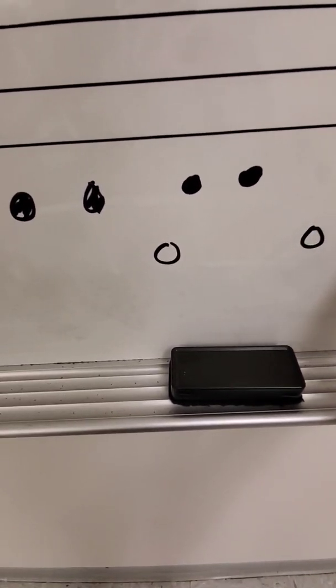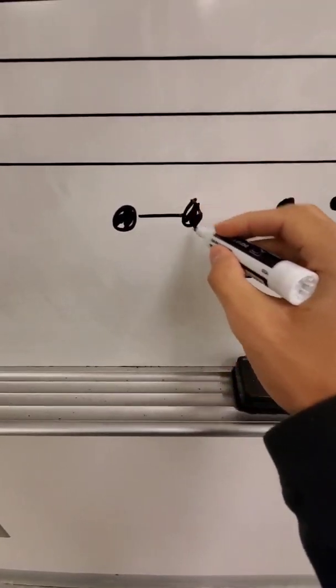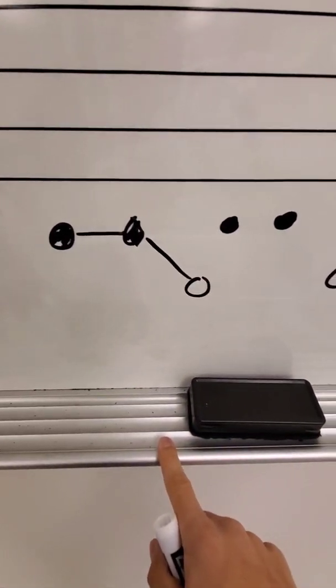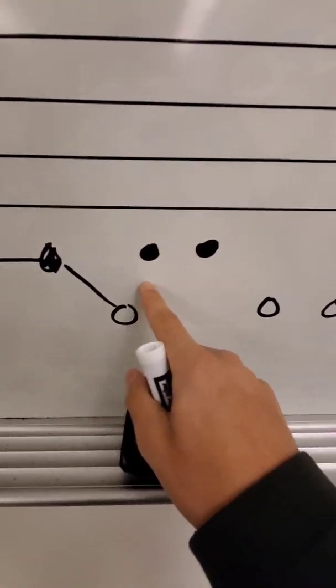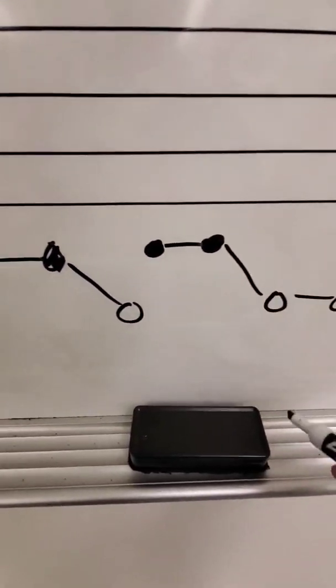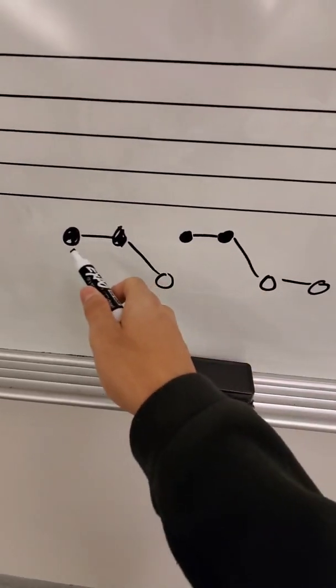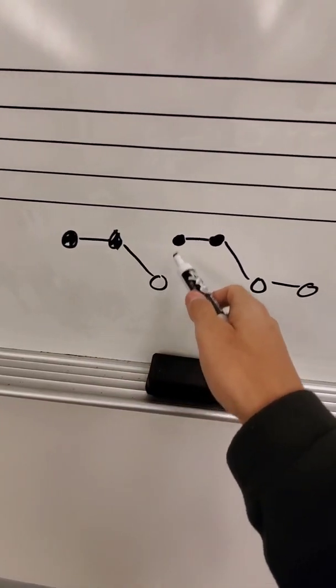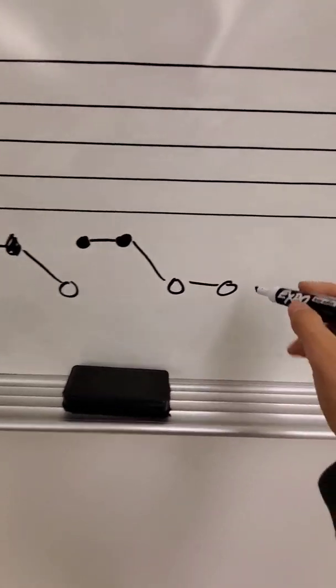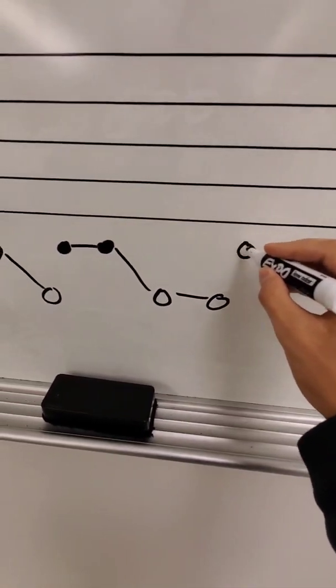I'm tripping. So 1, 2, 3. Those are all whole steps. Then the half step, so I'm not going to draw a line there for now. 1, 2, 3, 4. Close. 4, 5, 6, 7. And then I can put a 1 up here again.